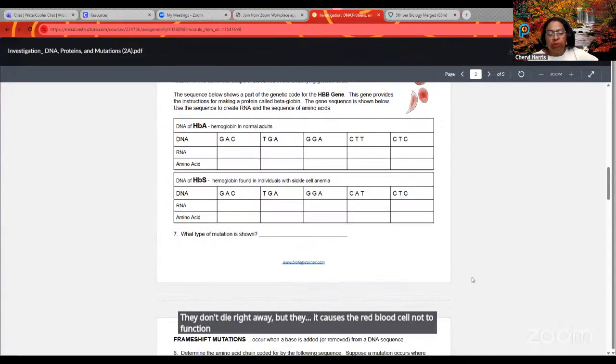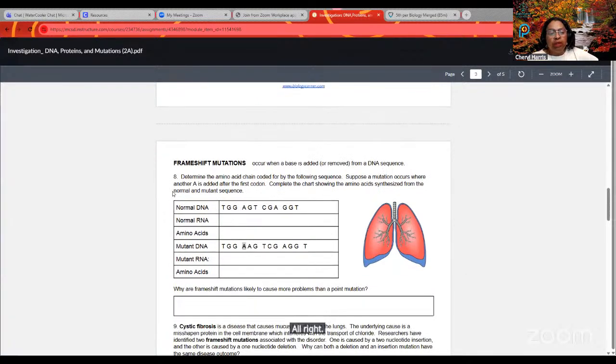All right, so then we were looking at frame shift, and we translated. So again, you have to translate the normal RNA so that you get the RNA codes. And then you had to go look for the amino acid on the chart.